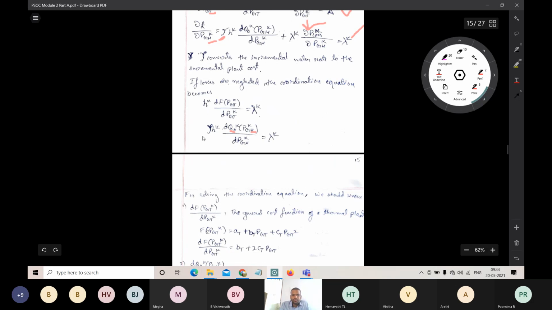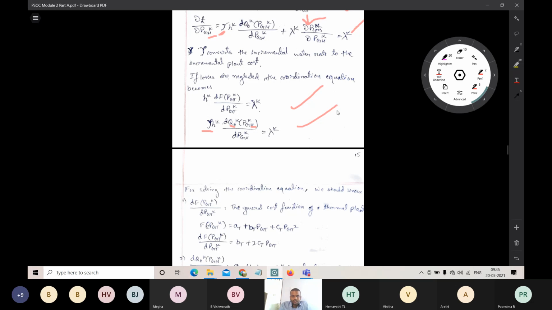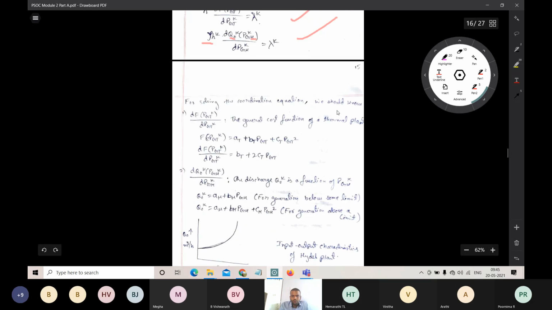Gamma comes in when we convert the incremental water rate into the incremental production cost. So we can calculate using these two equations. We will evaluate these further in the next class.